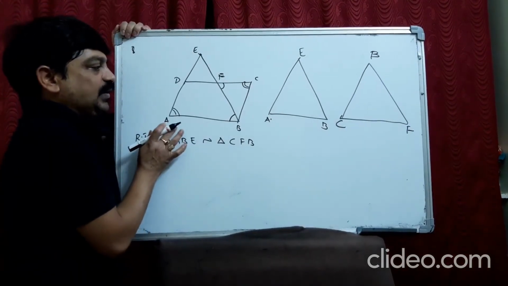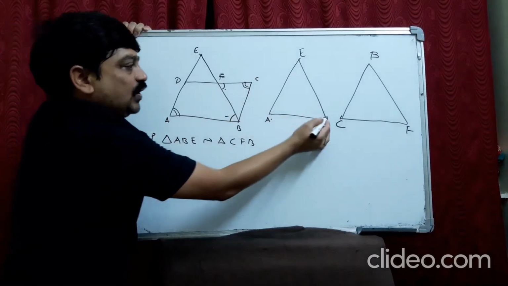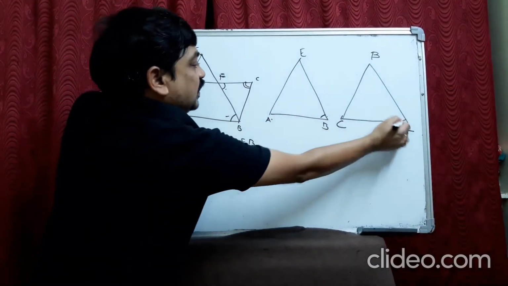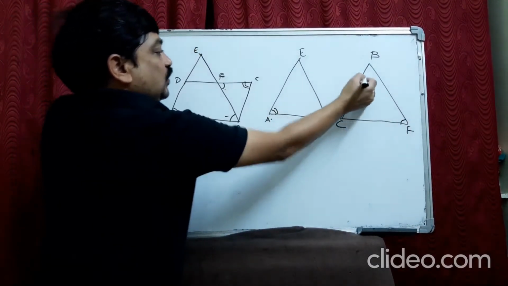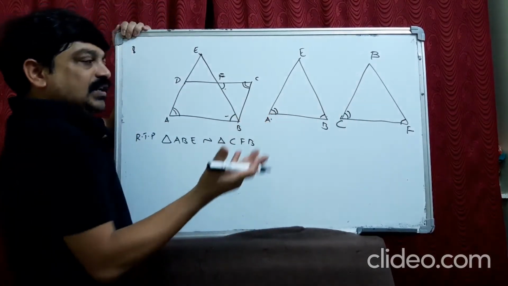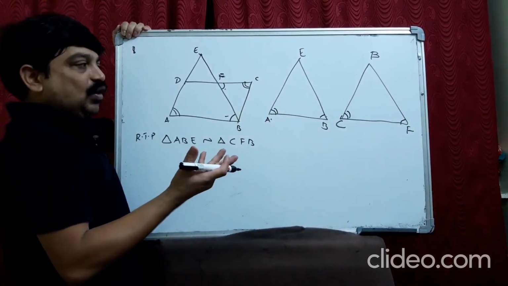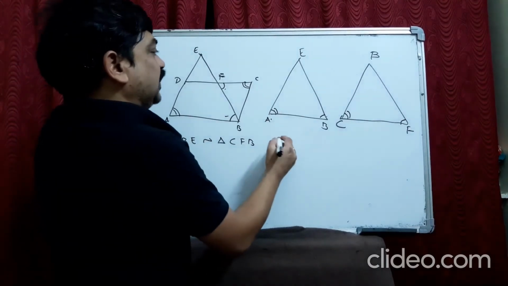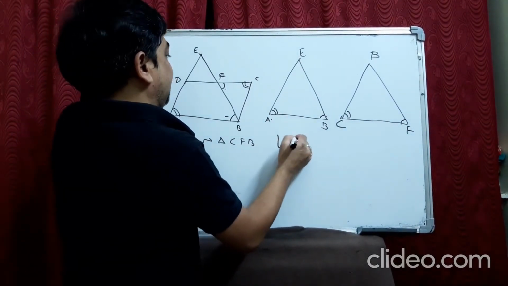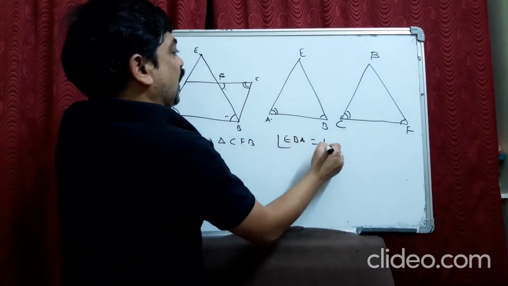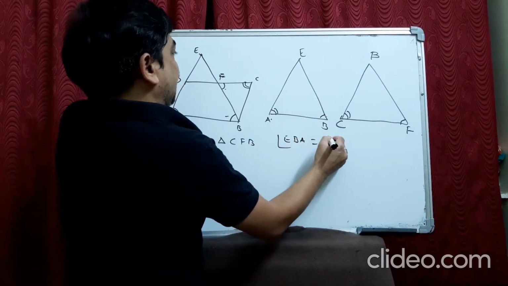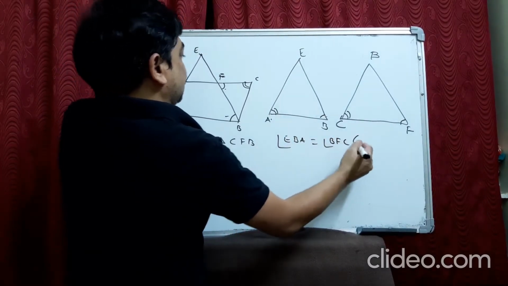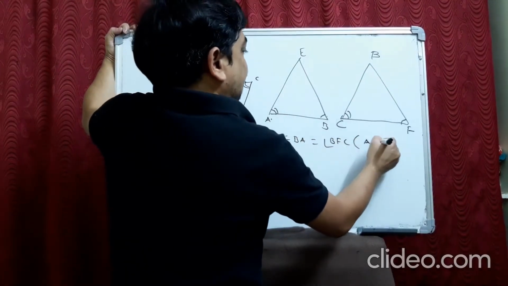From here, what is happening? This B is equal to F. This is equal to this, and this is equal to this. When two angles are equal, obviously the third angle will be equal from angle sum property. Therefore, angle EBA is equal to angle BFC because alternate angles.